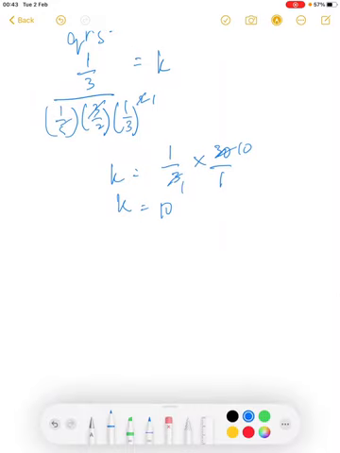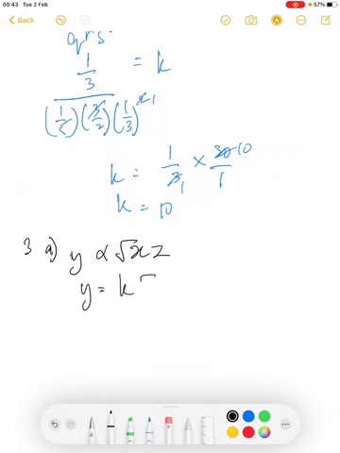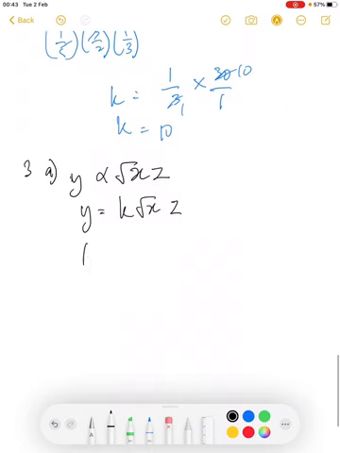So next, 3A. Y varies directly as square root of X and Z. Okay, Y equals to K square root of X and Z. 6, K, X 0.64, Z 5.